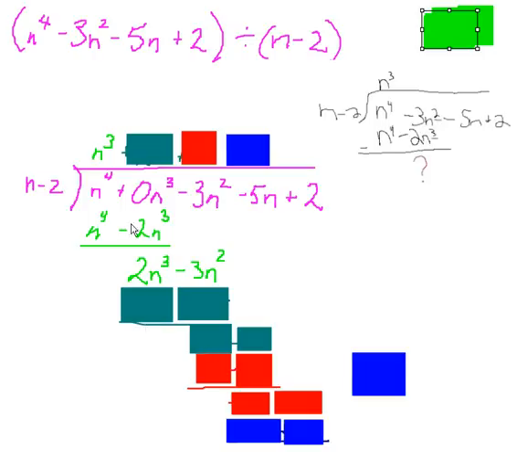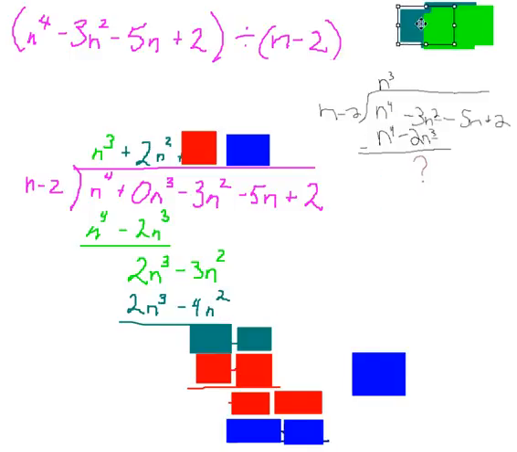Then we again do some dividing, and so we need a 2n squared. Multiply that through, also getting 2n cubed. Multiplying that through to the rest of the divisor, so 2 times negative 2 is negative 4, and then n squared.